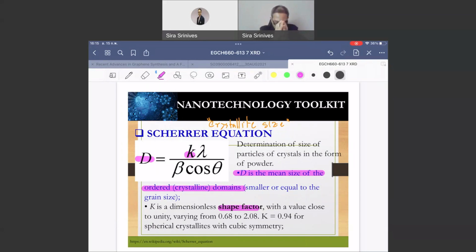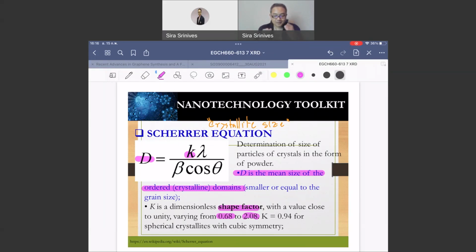Sphere is close to 1. For cubic it would be close to 2. For, I don't know, nanowire, it would be close to 0.68. So where is your sample? Up to you to decide.